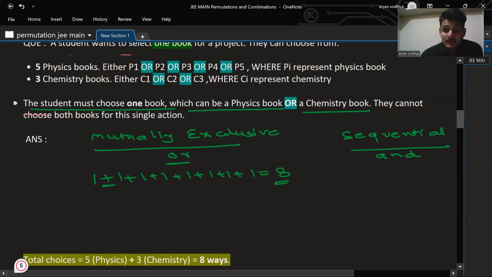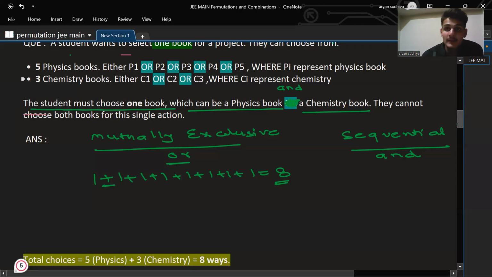On the other hand, let's see the sequential. Let's erase this "or" now, and I am saying "and". Please notice these keywords are very important. Question reading is very, very important.